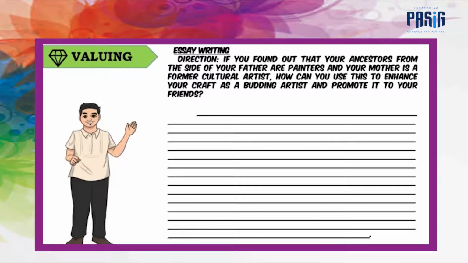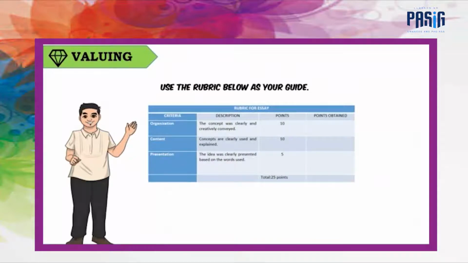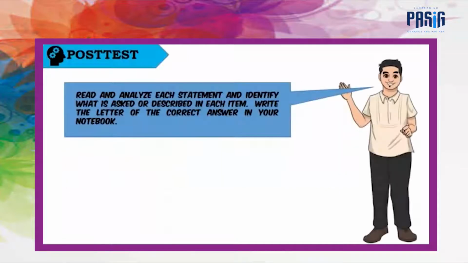If you found that your ancestors on the side of your father are painters, and your mother is a former cultural artist, how can you use this to enhance your craft as a budding artist and promote it to your friends? Likewise, you may write down your essay right after our video. Use the rubric below as your guide.